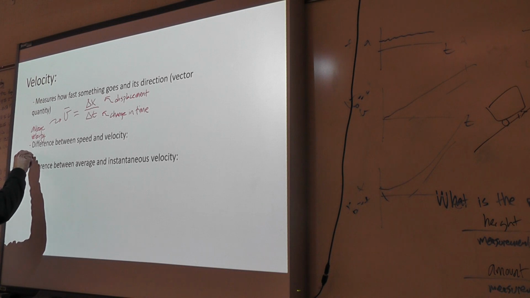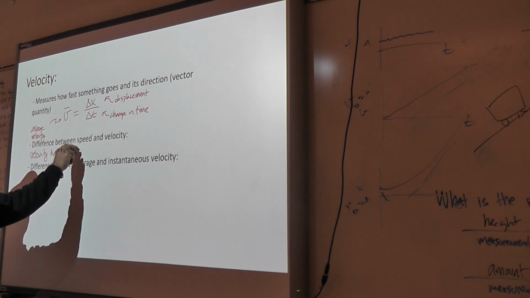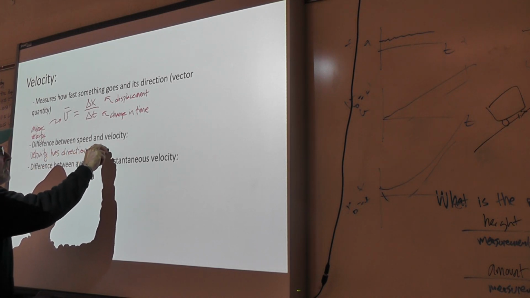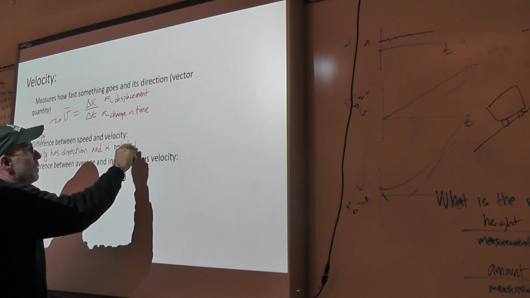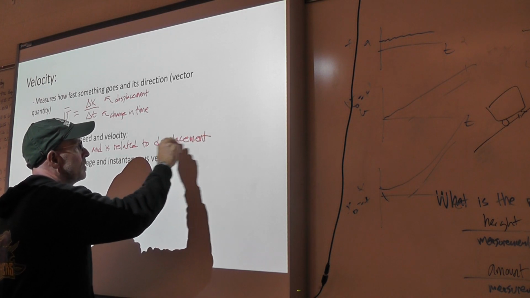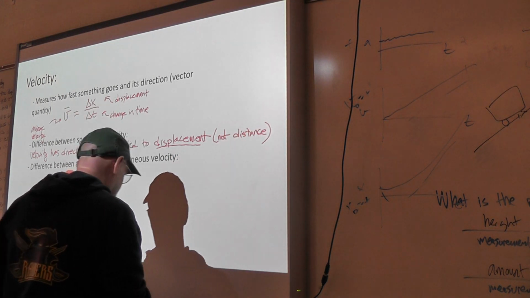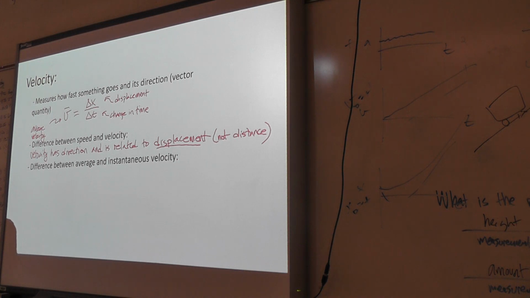So velocity has a direction and is related to displacement, not distance. Speed has no direction, and speed relates to distance rather than displacement. A lot of times we can use those terms interchangeably, but don't make the assumption that they're always interchangeable.